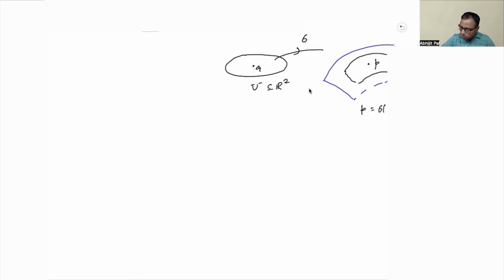So P is equal to sigma(q), and I am taking the tangent plane here. Okay, so the vectors corresponding to these tangent vectors will form a vector space. So if I translate this plane to the origin, this will give you a vector space of dimension 2. Okay, all right. So now, what is the proof of this?